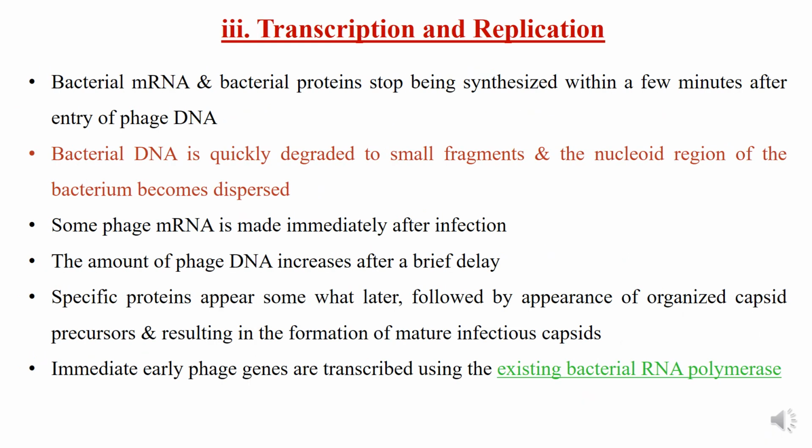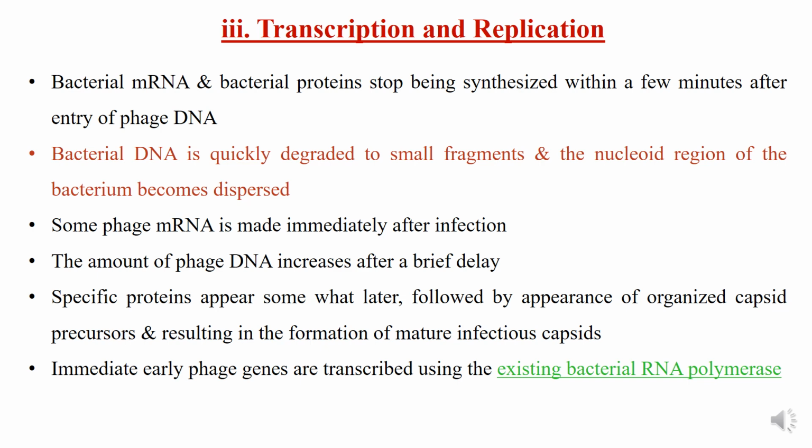Coming to the third phase, that is transcription and replication. Let us see how it happens. Bacterial mRNA, that is RNA produced from the bacterial chromosomal DNA, and bacterial proteins stop being synthesized immediately after the phage infection. That is, whenever the phage DNA enters the bacterial cell, the bacterial mRNA and the production of bacterial proteins are stopped.